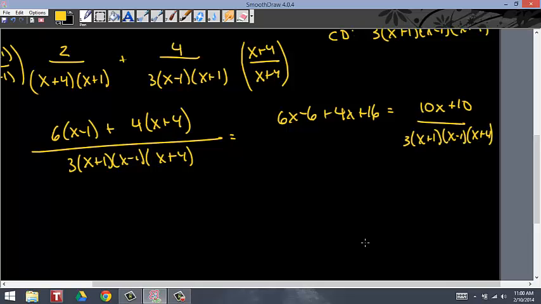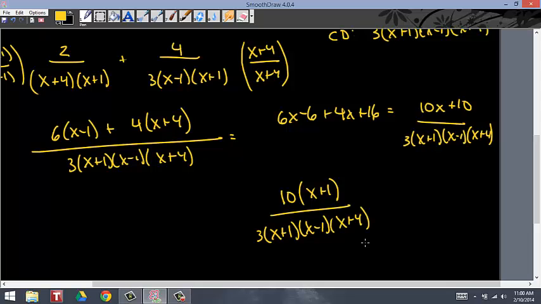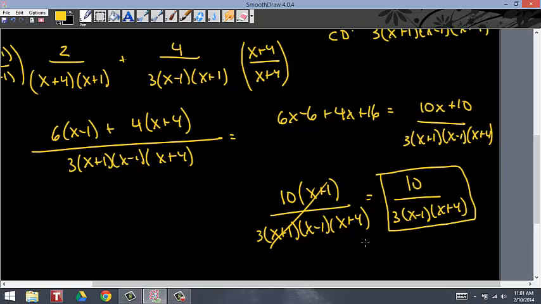This is kind of a cool problem. I rarely see this happen, but one thing you can do is factor out a 10 to get x plus 1 on the inside. I know it's a bit of a process, but those are going to go away, and you end up with 10 over 3 times x minus 1 times x plus 4. It's kind of a neat problem. Long, but it's doable.